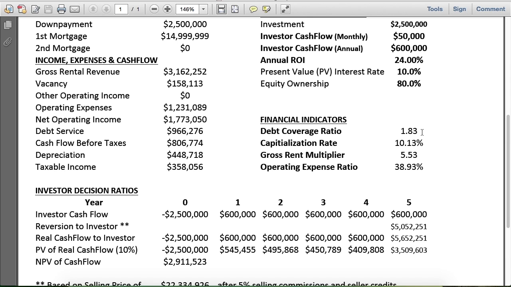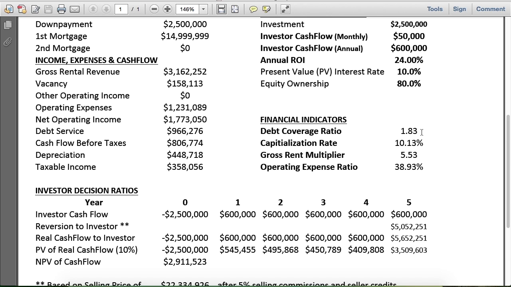Most lenders will not go below a 1.2. Many require a 1.25. So this being at a 1.8 is a very, very good investment. It means that we have 83% above and beyond cash flow coming in to cover our debt.